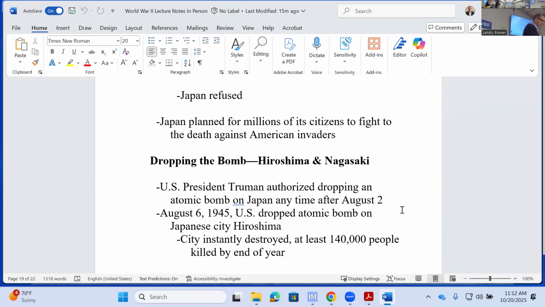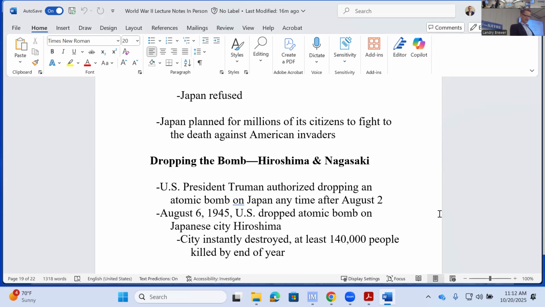Well, President Truman has a very important decision to make at Potsdam. The American president, Harry Truman, authorized dropping an atomic bomb on Japan anytime after August 2nd. That would give them time to wrap up the meeting, and then President Truman would be on his way home by ship from Potsdam.